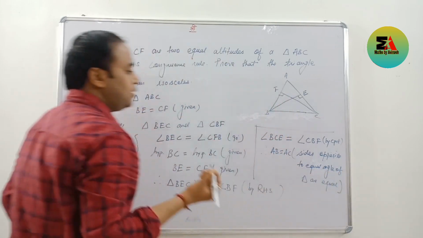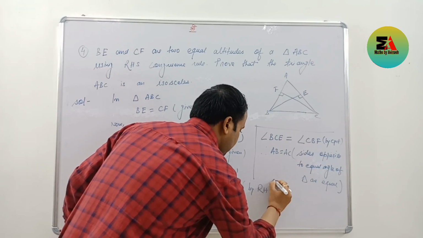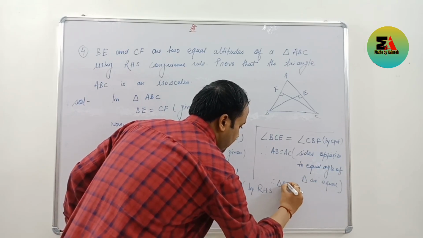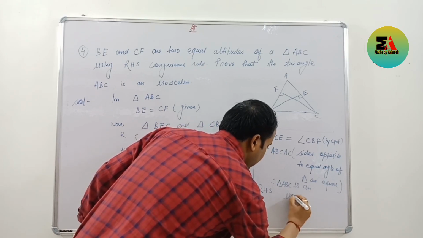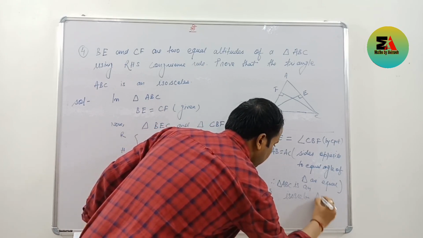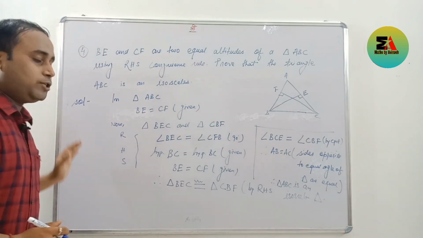This is the reason. When two sides are equal, therefore triangle ABC is an isosceles triangle. Proved. I hope this solution is clear to you.